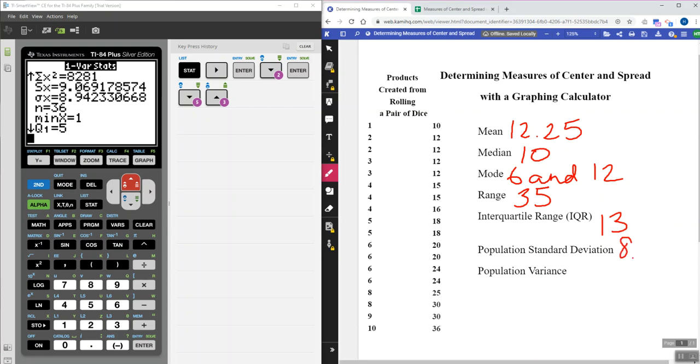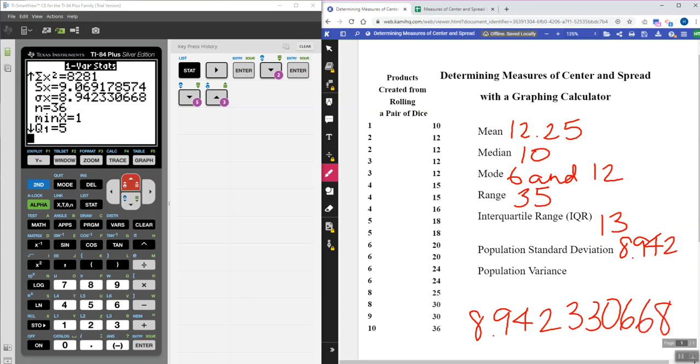We're going to say that's 8.942, and it actually keeps going. If you were to write out everything we see on the screen, it's 8.942330668.